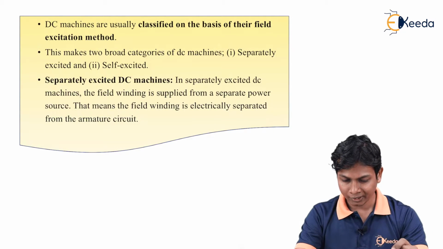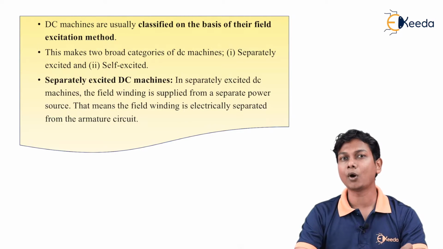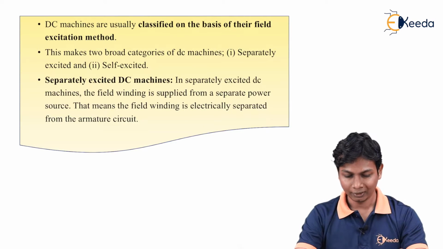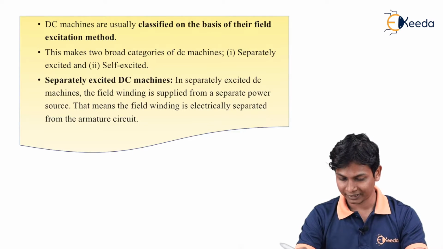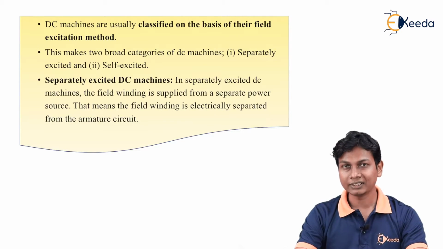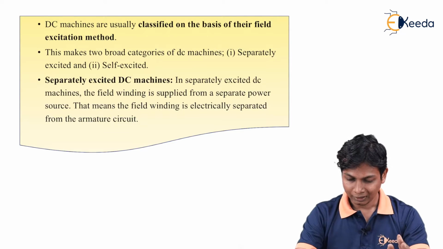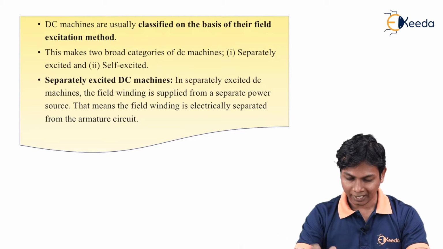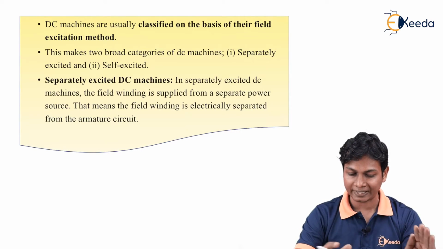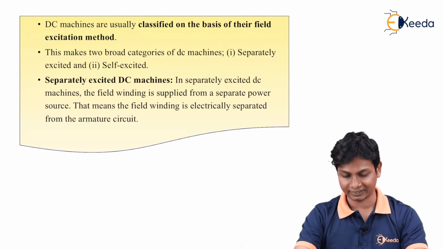DC machines are usually classified on the basis of their field excitation method. This makes two broad categories of DC machine. This is a DC machine, not a DC motor. So DC machines are categorized as separately excited and self-excited.